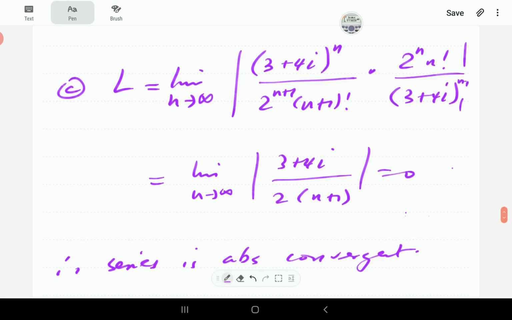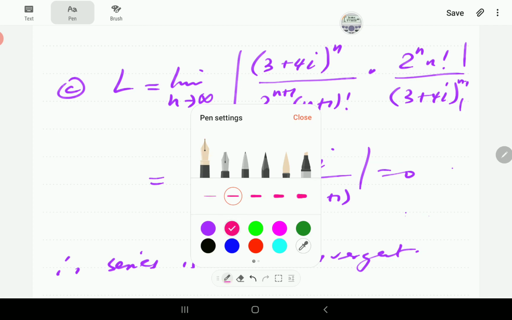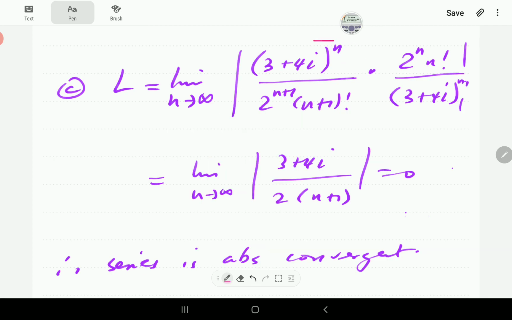All right, for part C, the Wn+1 is going to look like this. This is the reciprocal of Wn. Now 2 to the power n will cancel this.